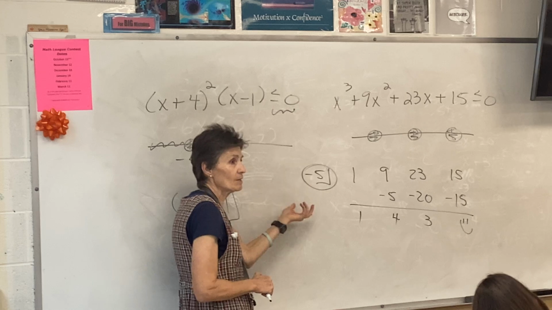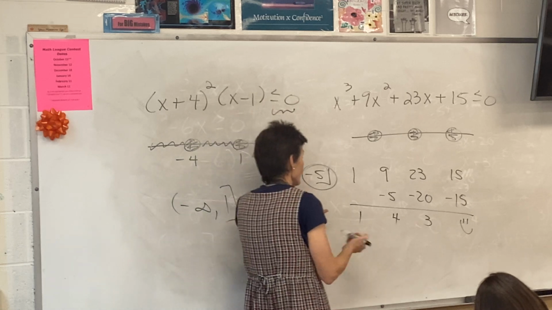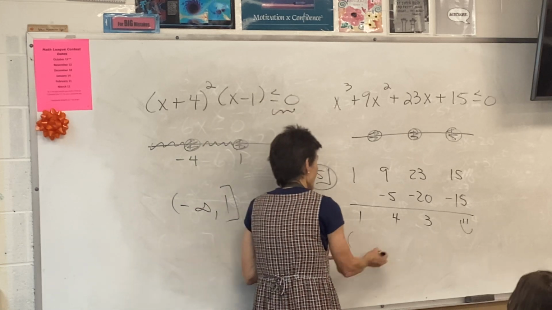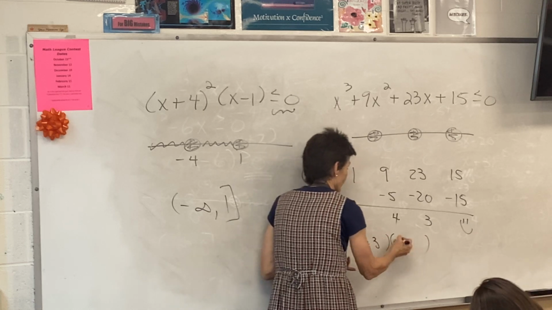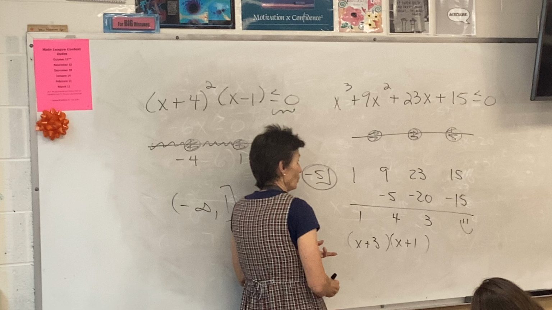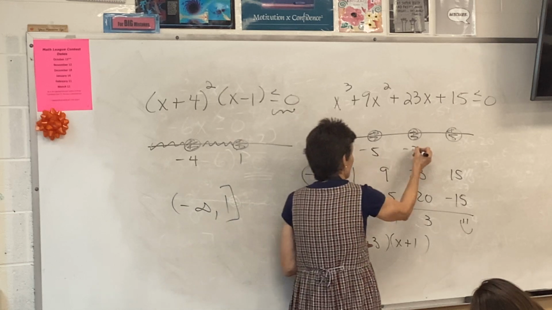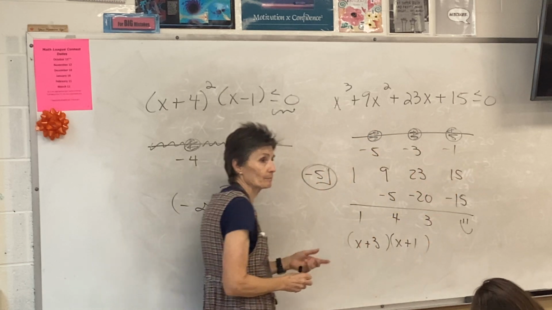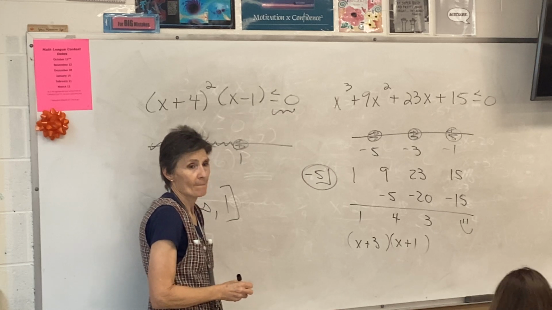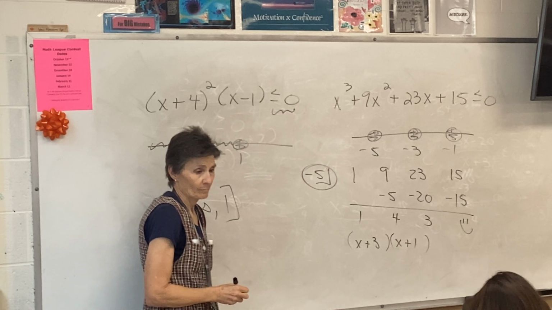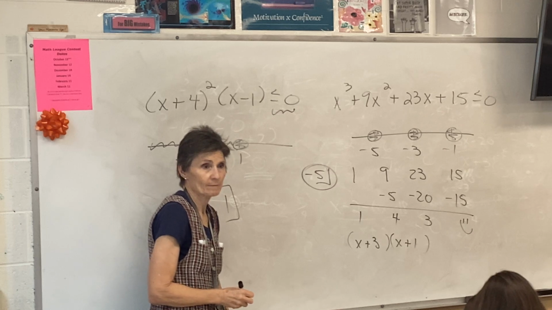All right, I'm not done here though. One of my dots is going to be at -5. The other dots are going to be where? It looks like -3 and -1. Right, folks?